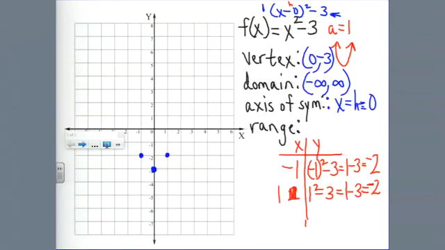And connect the dots. And my graph is off slightly, but in my math lab, when you use the graphing tool, the quadratic or parabola tool, your graph will be more exact than mine.